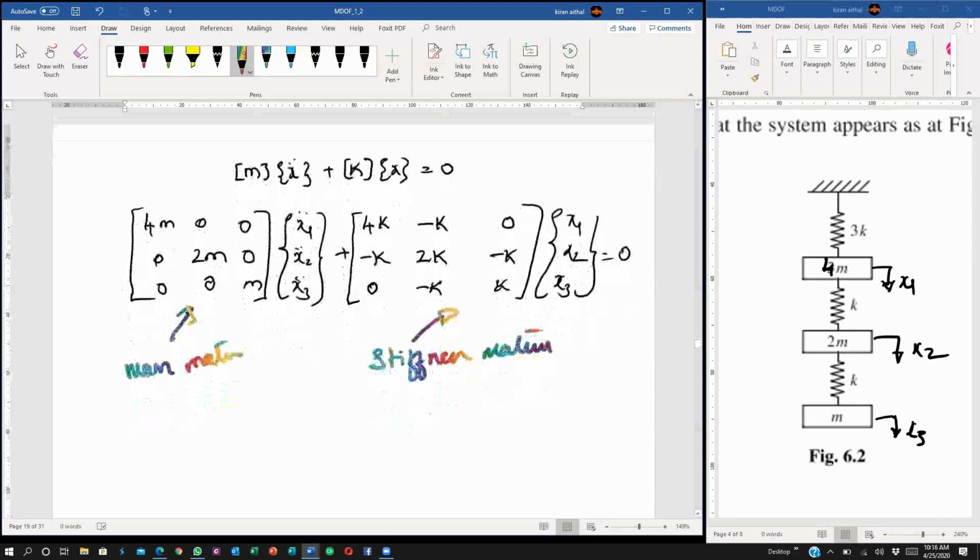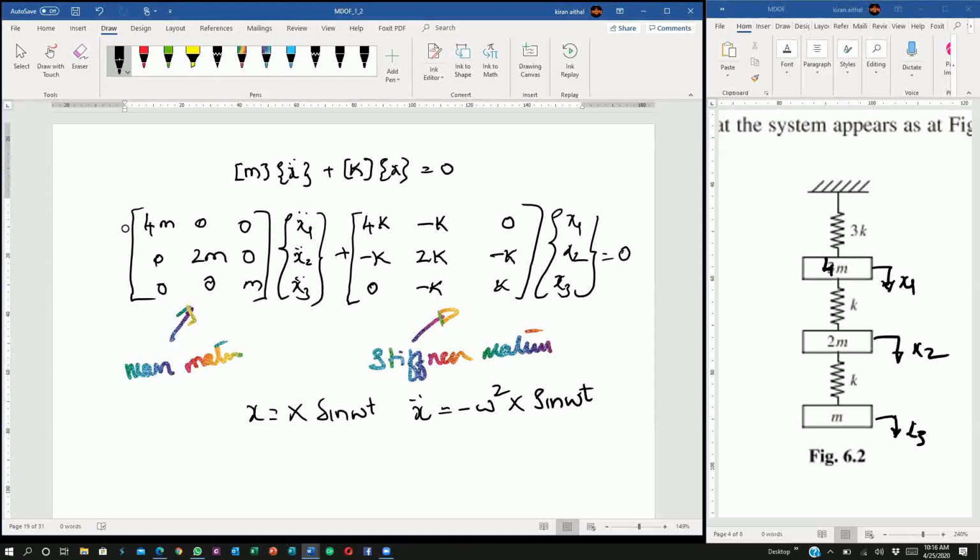Now what do I have to apply? As we know, small x is equal to capital X sine omega t. Then automatically x double dot will become minus omega square into capital X sine omega t. So I have to apply this to this particular equation.